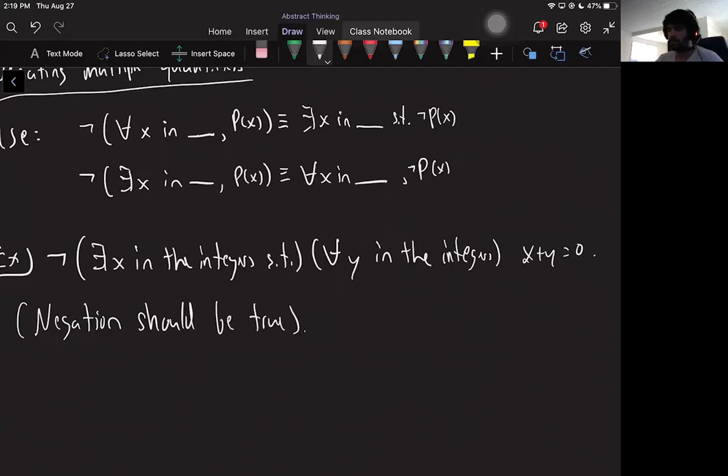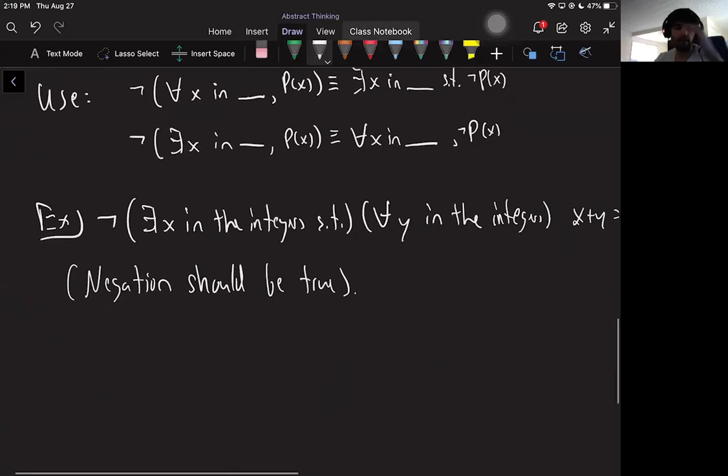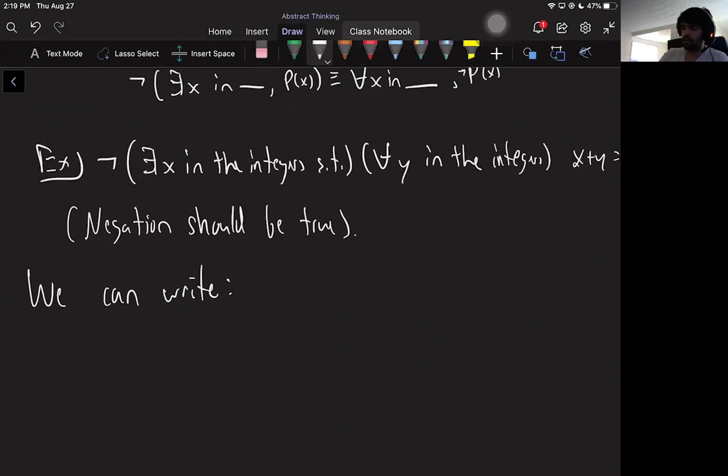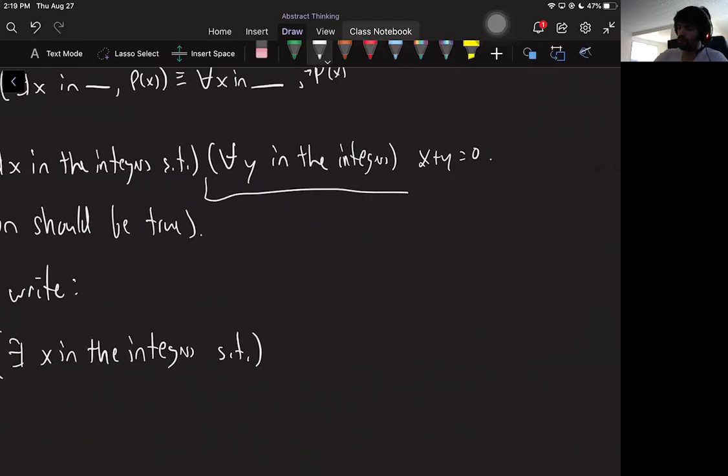Okay, so the way we're going to figure it out is by realizing that we can rewrite this in a way that I hinted at before, which is we can think of this as there exists an x in the integers such that, and then both of these pieces we could think about as a single p of x comma y.